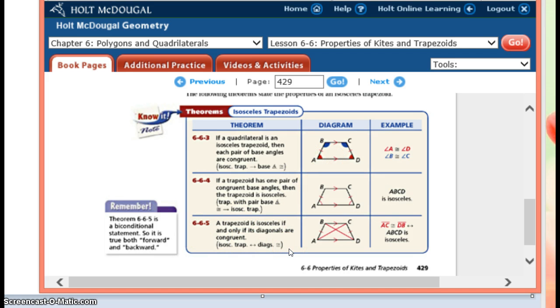A trapezoid is isosceles if and only if its diagonals are congruent. So in any other trapezoid, these diagonals can be any length they want in comparison to any other length. But in isosceles, they're the same. So BD and CA, they are equal. They will always be equal if the trapezoid is isosceles.